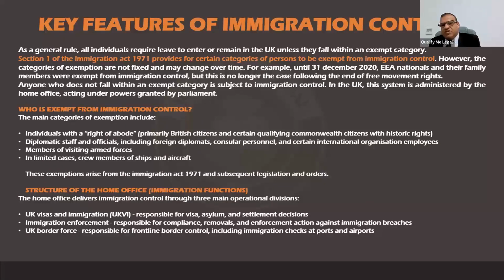It is called UKVI. UKVI is basically responsible for visa, asylum, and settlement decisions. Then the second important department or team is called Immigration Enforcement. Immigration Enforcement is responsible for compliance, removals, and enforcement action against immigration breaches.